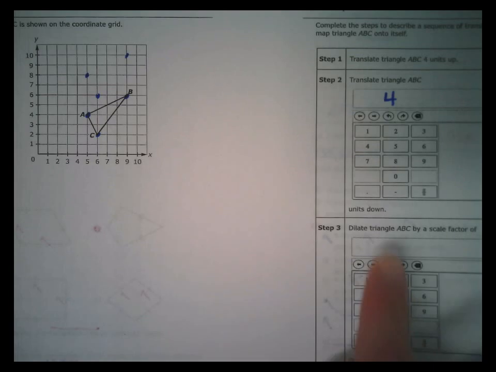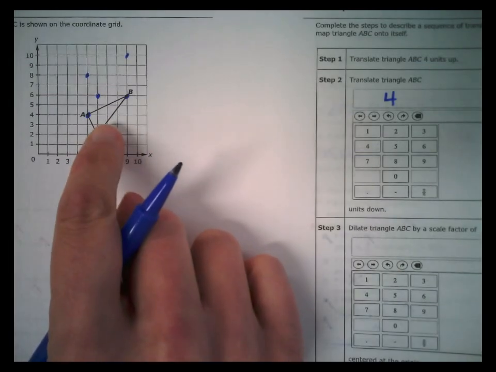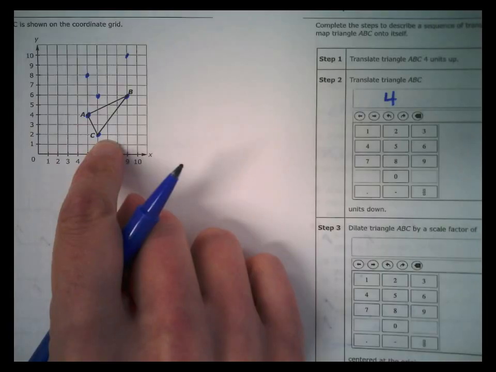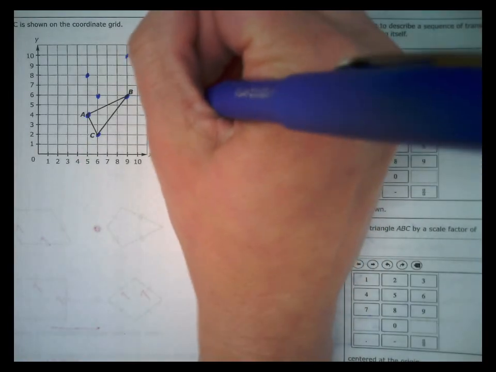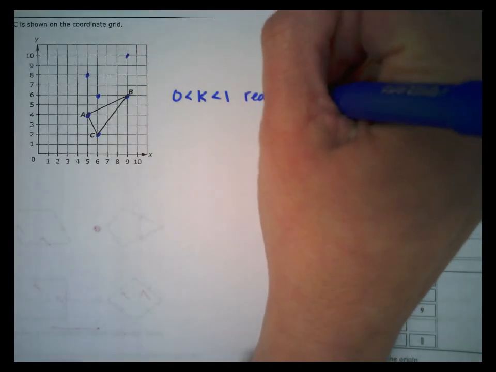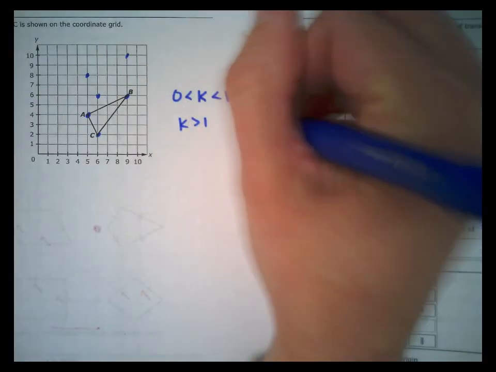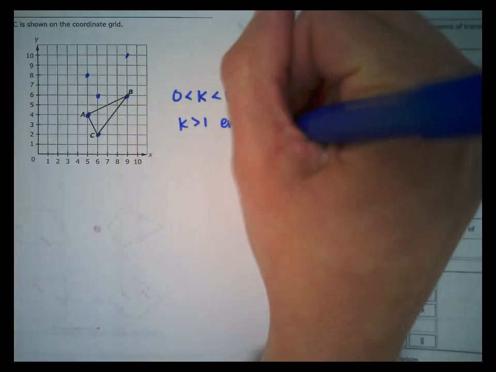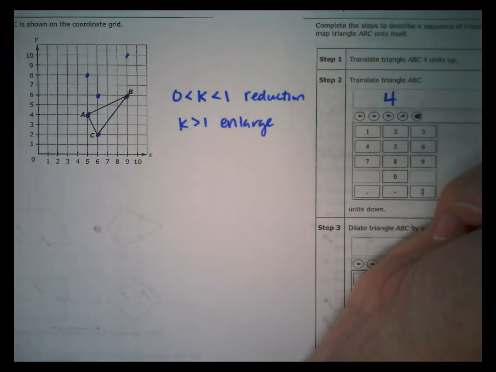And then it says dilate the triangle by a scale factor of, centered at the origin. If I'm going to dilate a triangle and I want it to still be the same size, I don't want it to change at all. Remember we said that if our scale factor is between 0 and 1, it's a reduction, and if k is bigger than 1, it's an enlargement.